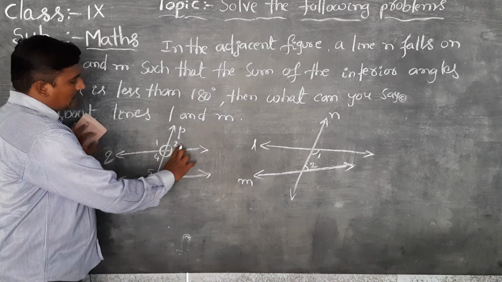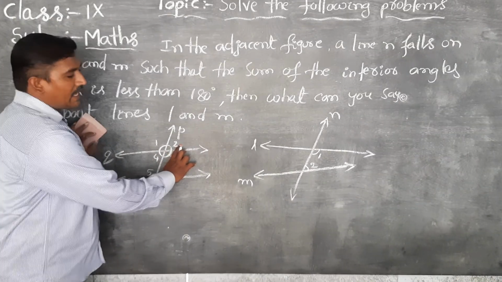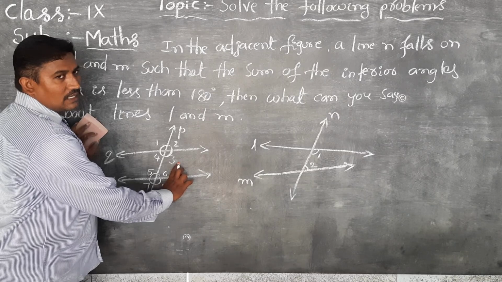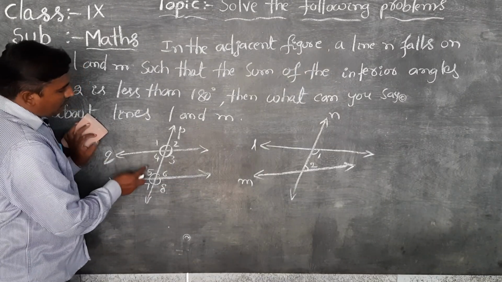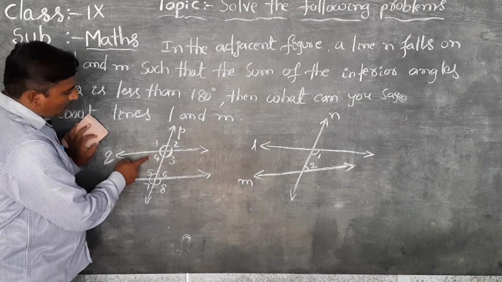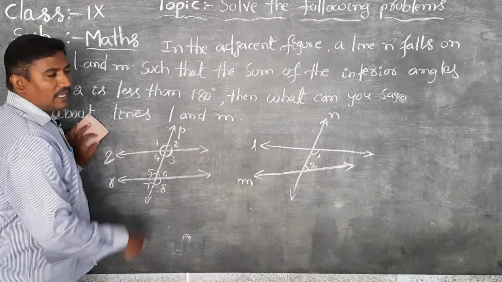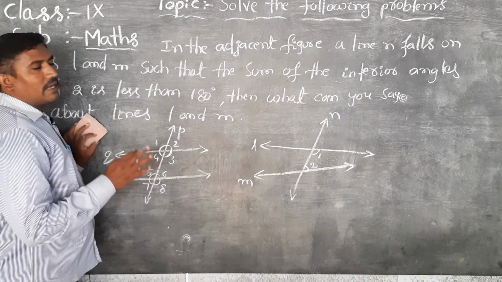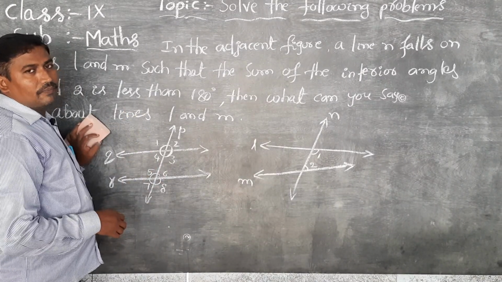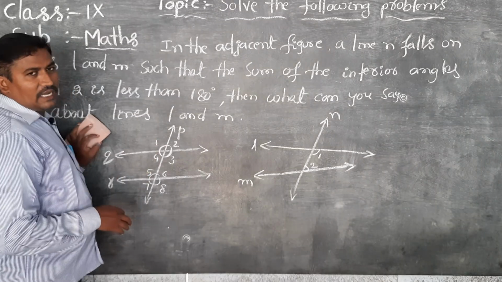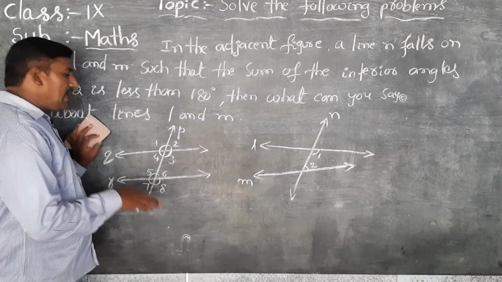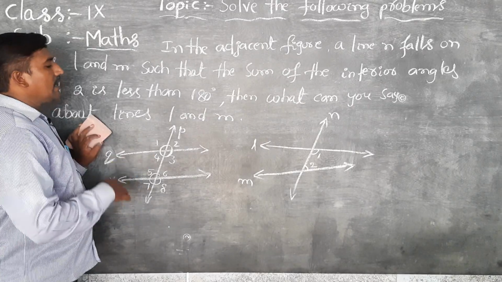Next 2, 6 corresponding angles, 3, 8 corresponding angles, 1, 5 corresponding angles, 4, 7 corresponding angles. So vertically opposite angles are equal, corresponding angles are equal, alternate interior angles are equal, alternate exterior angles are equal.